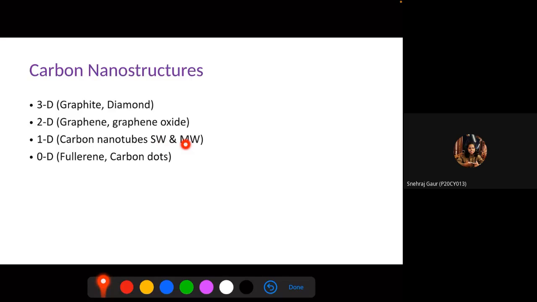You can also have a zero-dimensional carbon structure, which is known as fullerene. You can also have a carbon dot. Now people are also making graphene quantum dots as well.